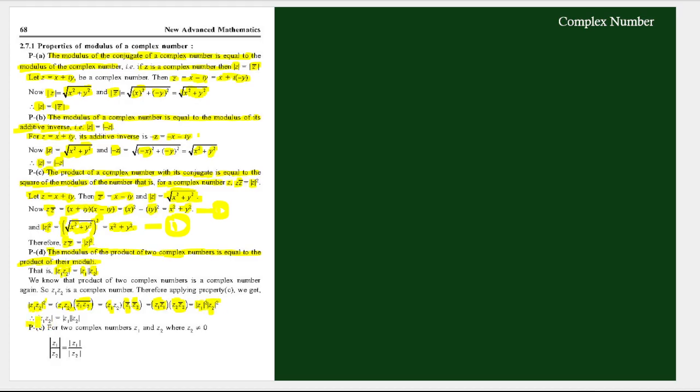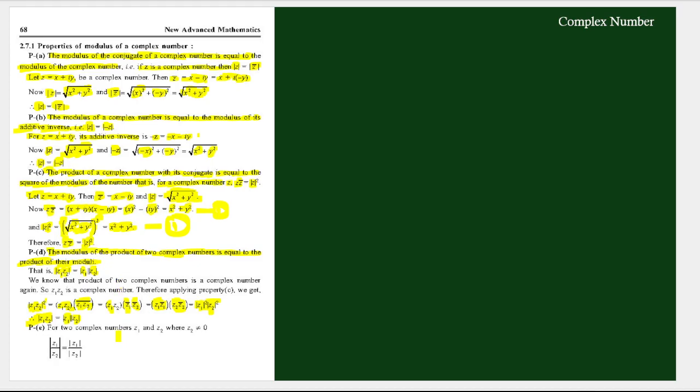So we got this: modulus of the product of z1 z2 is equal to modulus of z1 into modulus of z2. This is our fourth property.